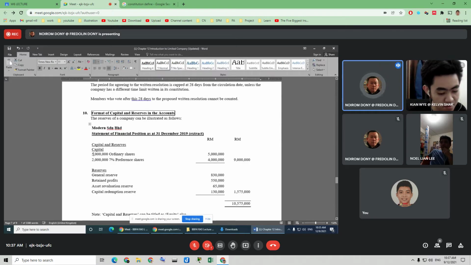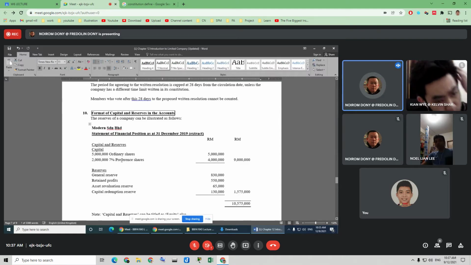So 5 million ordinary shares, and put the value of 5 million in the second column first, and then 2 million 7% preference shares. We put the number of shares first, followed by the type of share capital.